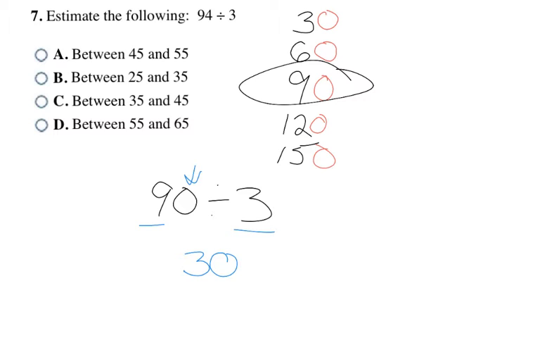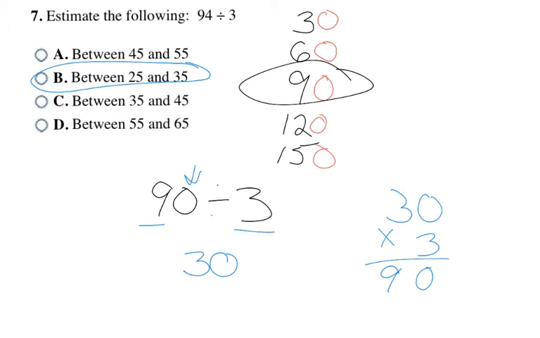And if you check that with multiplication, 30 times 3 is 90. So that works out. And so that means that my answer is going to be between 25 and 30, since my estimation was 30 and 30 is between 25 and 30. So my final answer is B.